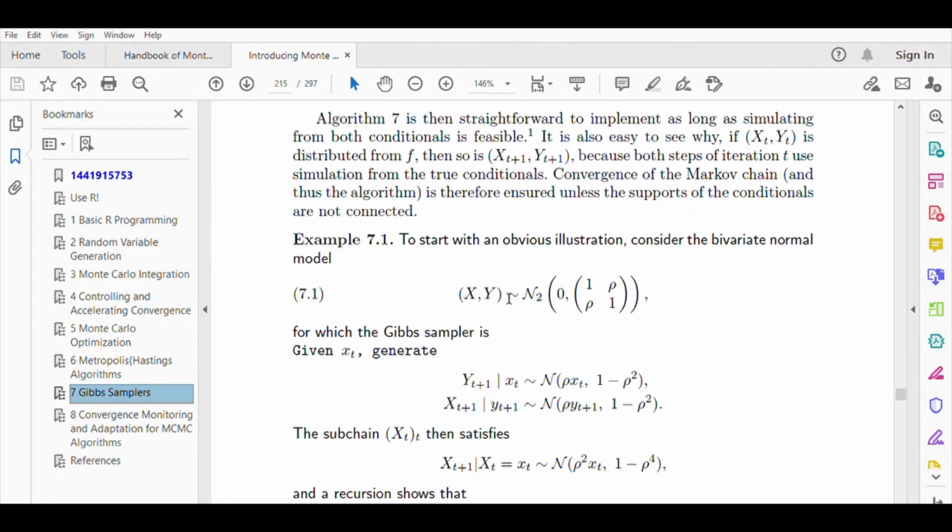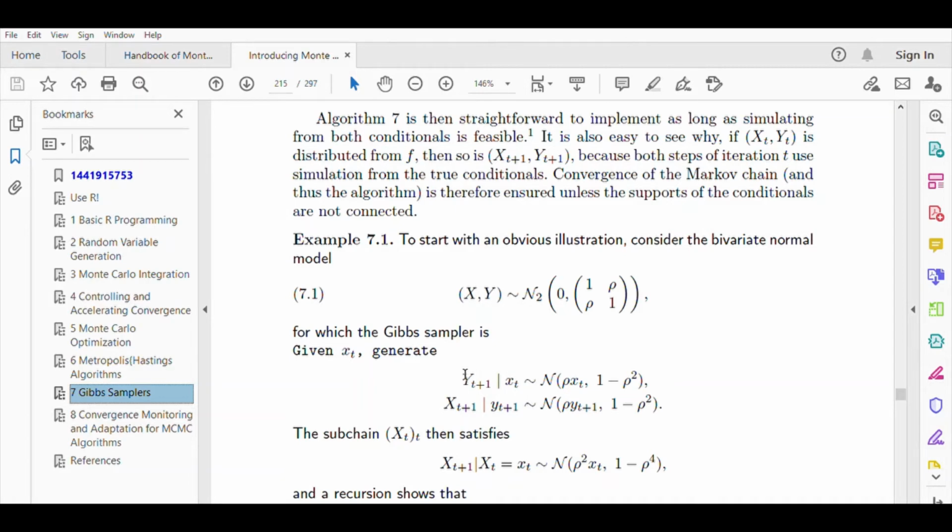So suppose x and y follow a bivariate normal distribution with means zero, the variances are 1, and the correlation coefficient is rho. So how can we implement the Gibbs sampler? What we have to do is, let us first take some trial value of x, say x_t.